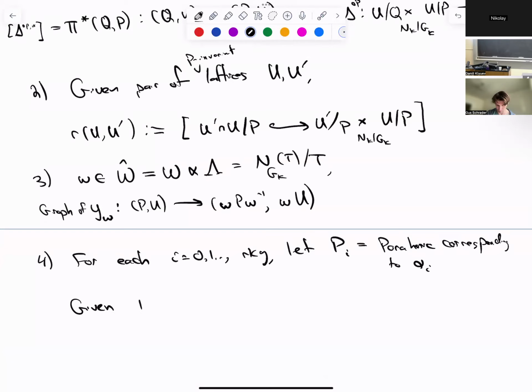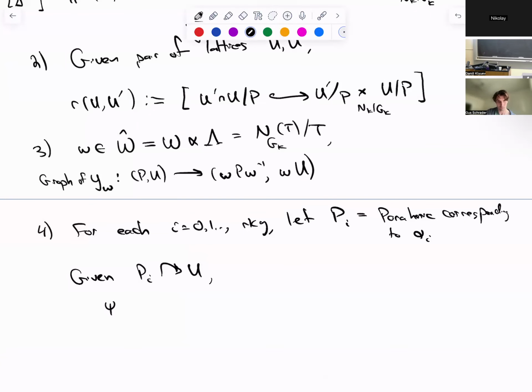Then given a lattice stable under this parabolic, we define this endomorphism psi_i given by push-pull. So this will be an element of our Coulomb branch. And in fact, this has a name, it's called the Demazure operator.